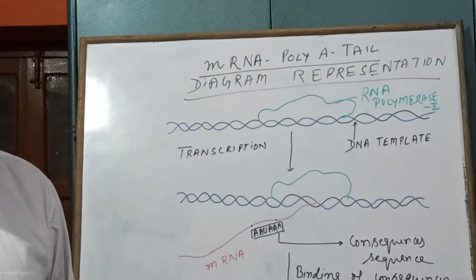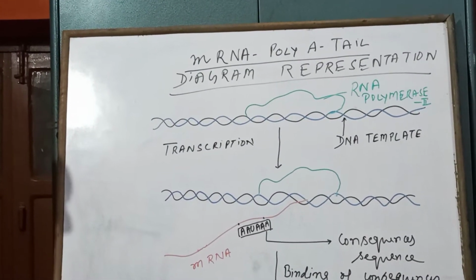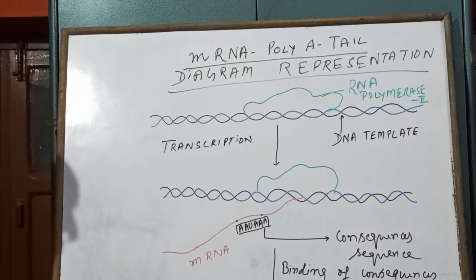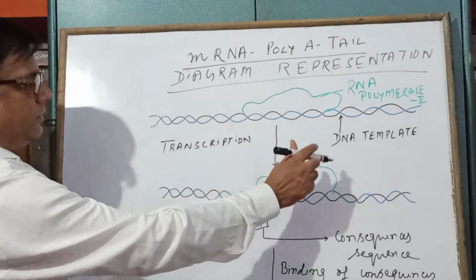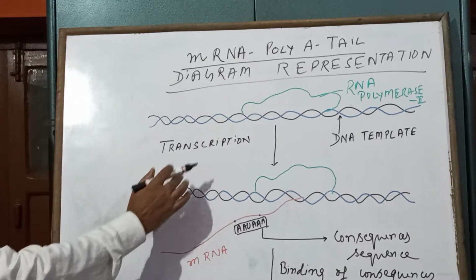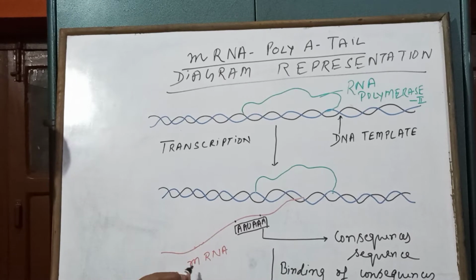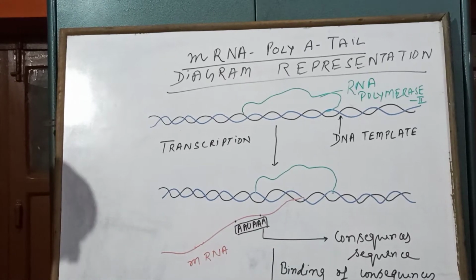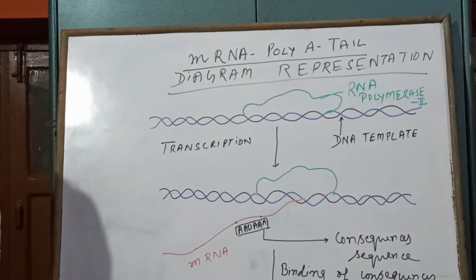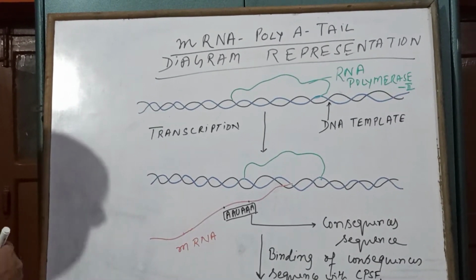So here you can see in the diagram this is the RNA polymerase, you have the DNA template, and obviously the process is transcription. So you are getting a new mRNA strand.